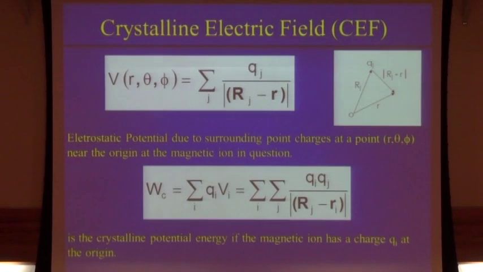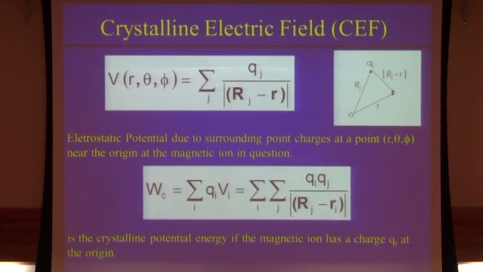To consider crystal fields, you need to consider the potential from the surrounding charges, right? And for that, the simplest idea is to use the point charge model. So what you do is calculate the electrostatic potential at a given point of space, given by this lowercase vector r, and you have a charge at the capital R vector.